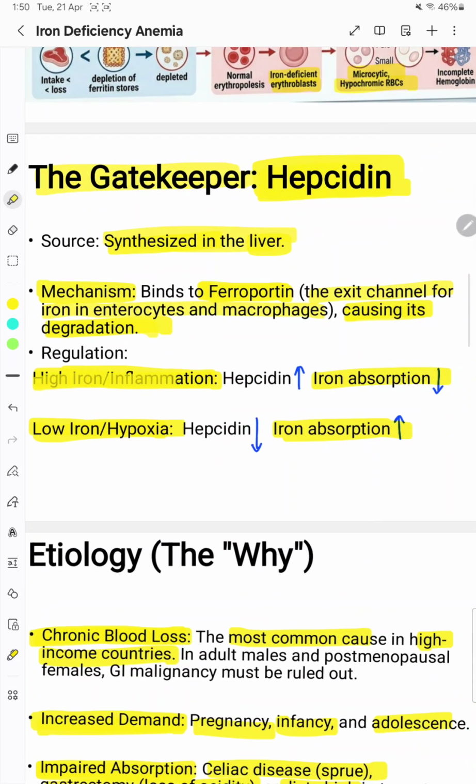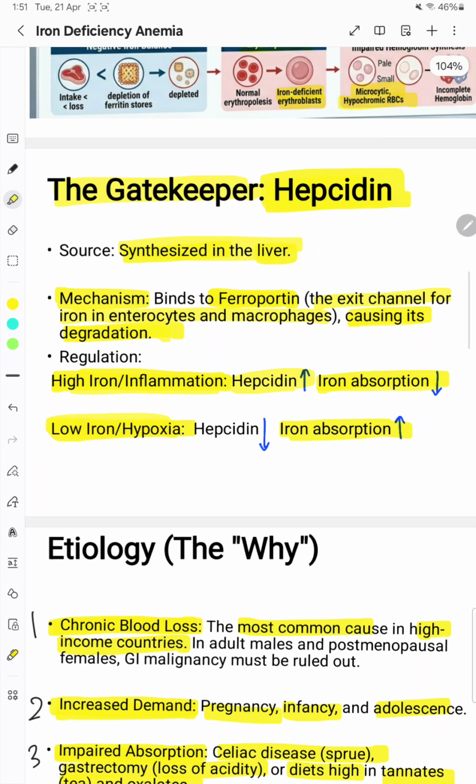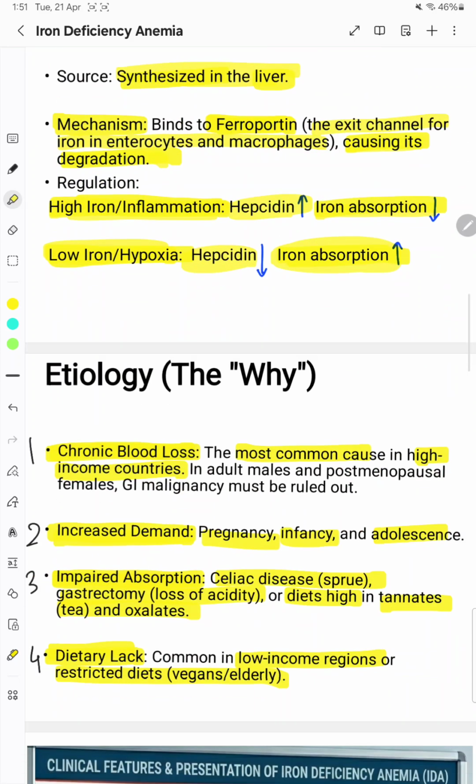Whenever there is iron overload or inflammation, this will stimulate more hepcidin synthesis, and ultimately this decreases iron absorption. And conversely, when there is low iron or hypoxia, this causes decreased hepcidin synthesis, and iron absorption is increased.